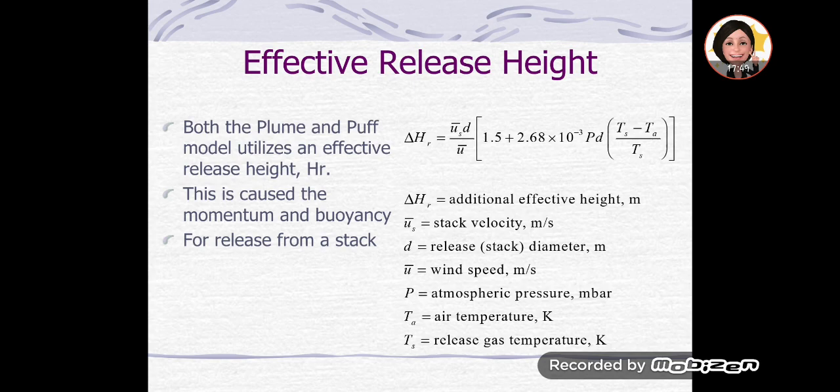Both the plume and puff models utilize an effective release height, a height at which it is initially released. This is caused by the momentum and buoyancy effect. For a stack release, we have an equation that gives us the additional effective height, HR.